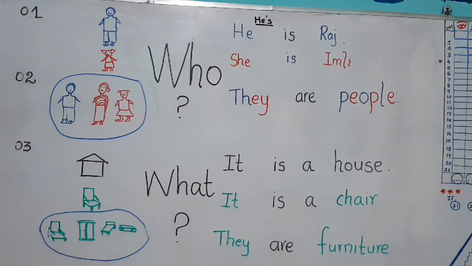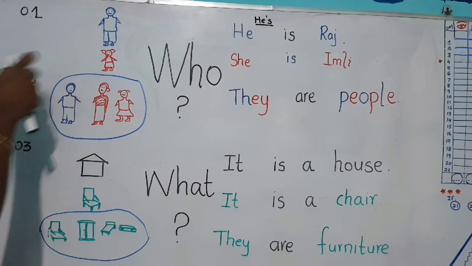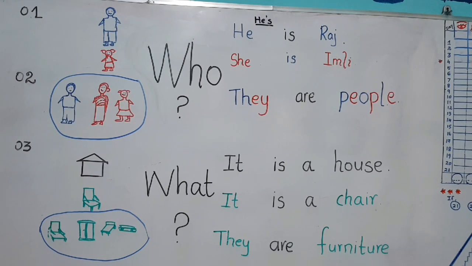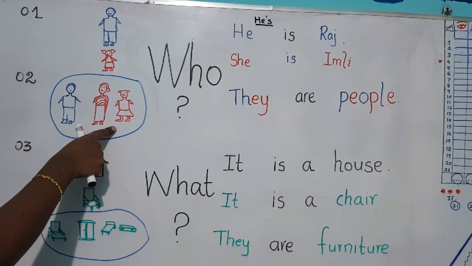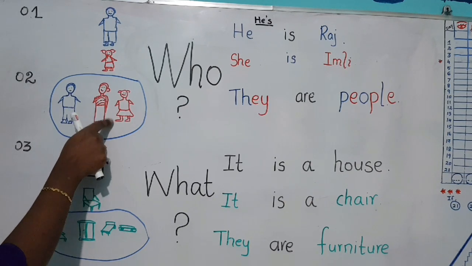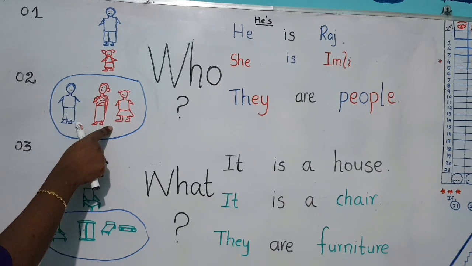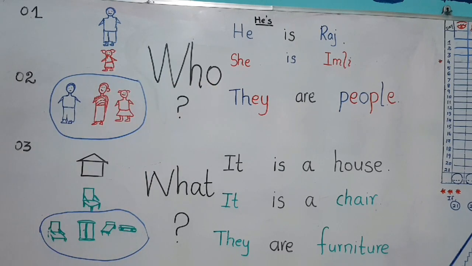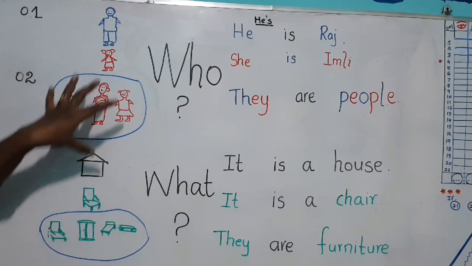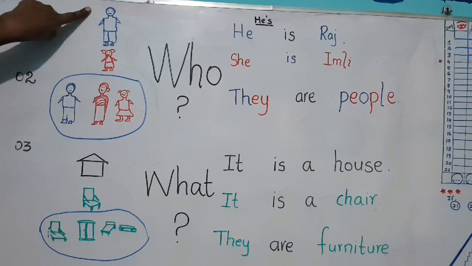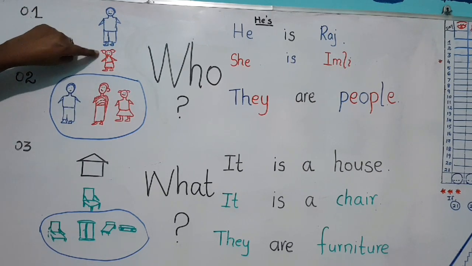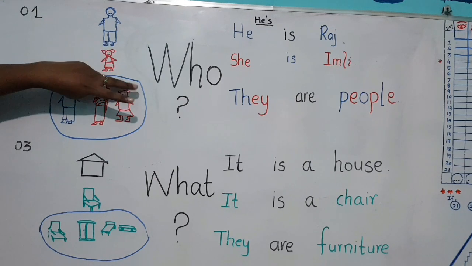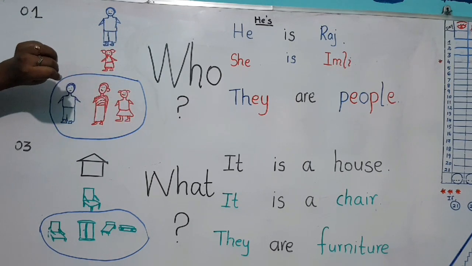He's Raj. Who is she? Good. Very good. Who are they? They are people. Good. They. He. She. They.